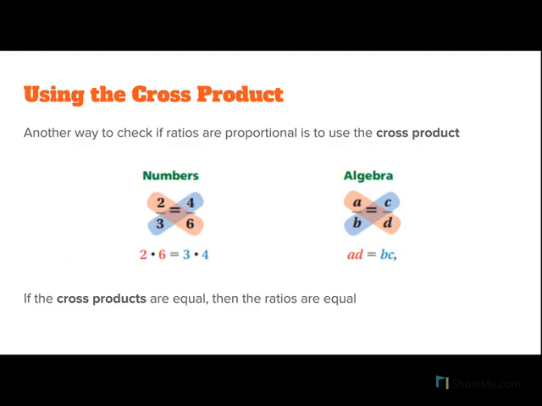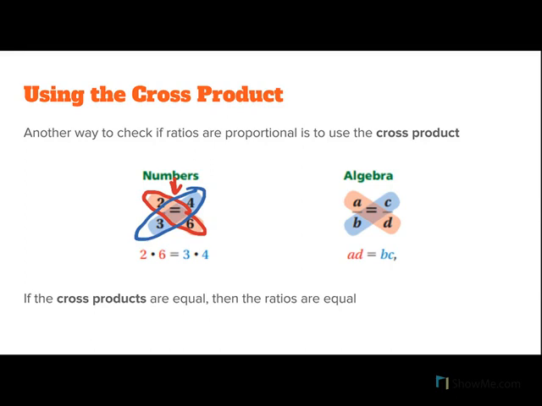But another way we want to look into is something called the cross product. So we can also determine if things are proportional using the cross product. And the cross product is exactly this: we're going to multiply the top of one times the bottom of the other, and notice this only works when we have an equals in the middle. So I take the top of one times the bottom of the other, and I set that equal to the top of the other times the bottom of the first.